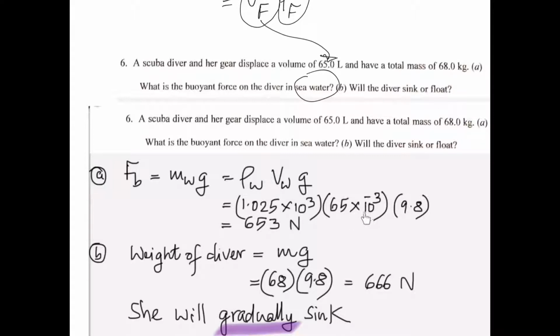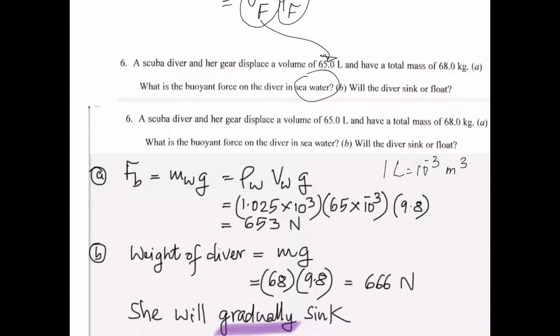That is the volume, converted into cubic meters because 1 liter is 10 to the negative 3 cubic meters, or 1000 liters make 1 cubic meter. When you do that, you get the answer as 653 newtons. That's the buoyant force.